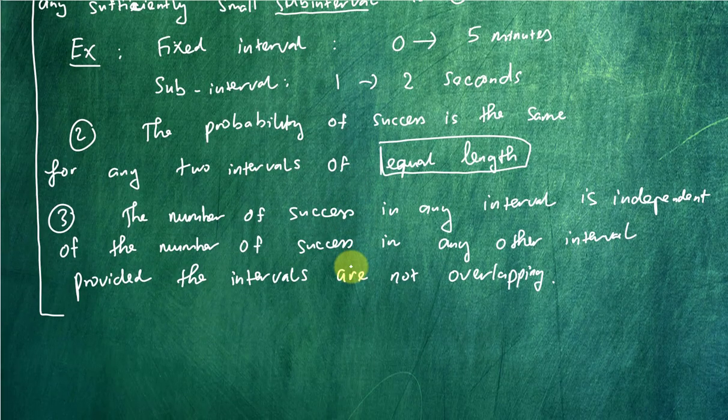And then the last requirement: we want the number of successes in any interval to be independent of the number of successes in any other interval, provided that the intervals are not overlapping.